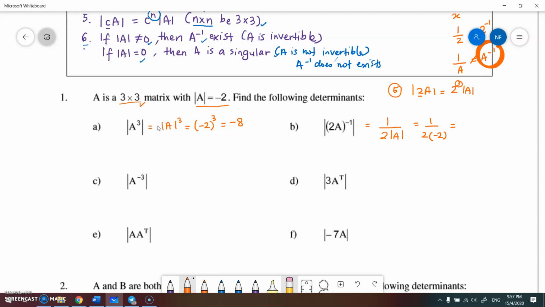So same goes with this, 2 to the power of 3. So 1 over 8 times negative 2, negative 1 over 16.